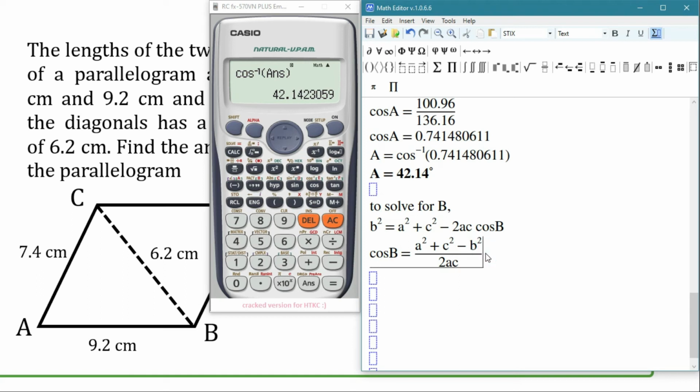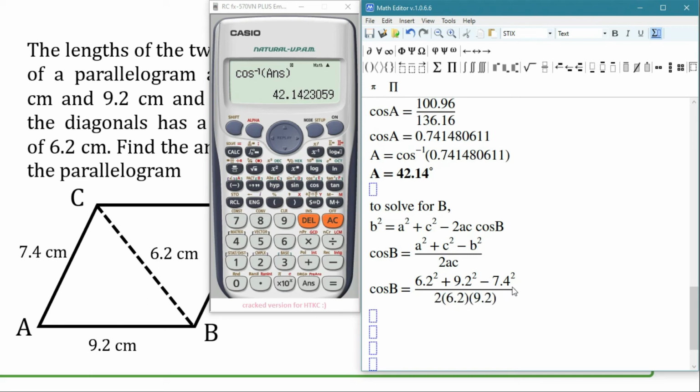Okay? So, that would be equivalent to, since given naman tayo ng measures ng side, so value of A is 6.2 centimeters, value of C is 9.2 centimeters, and the value of B is 7.4 centimeters. And then, yun sa baba, 2 times A, which is 6.2, and then 2AC, that is 9.2.